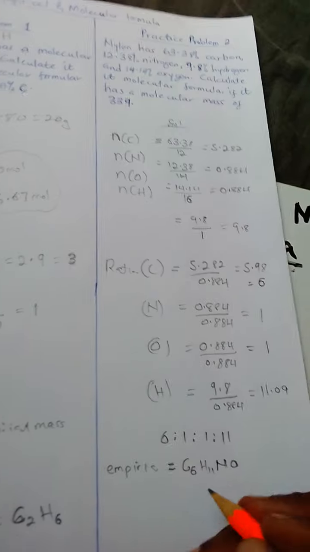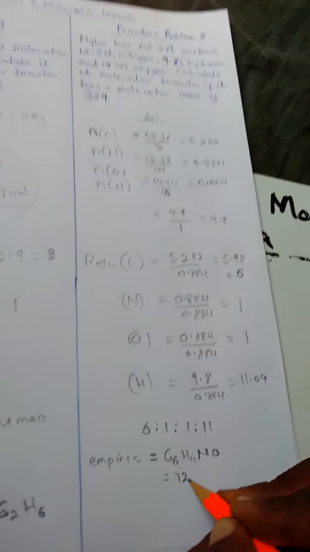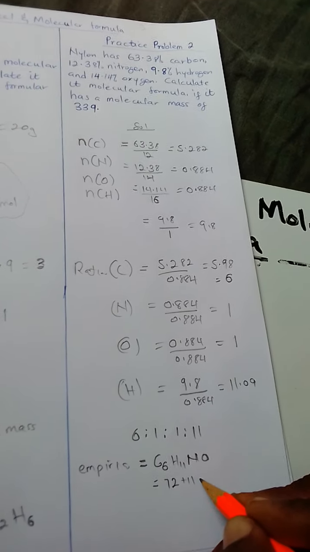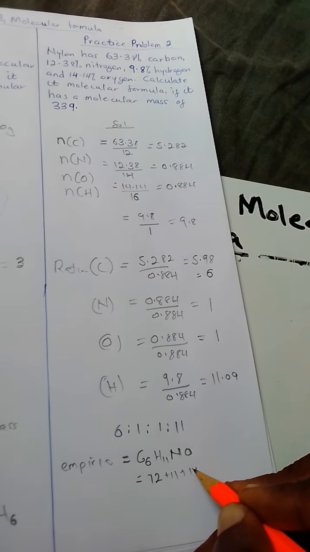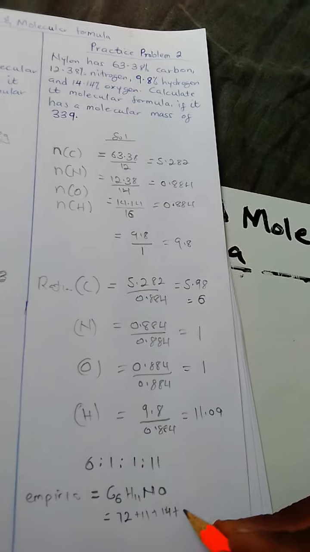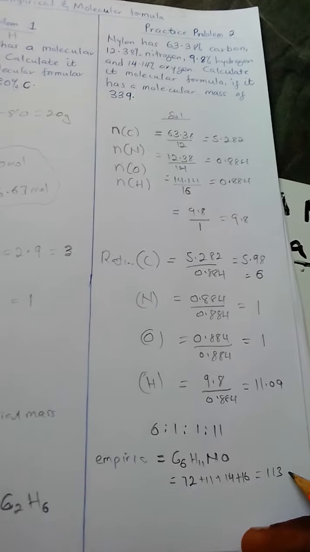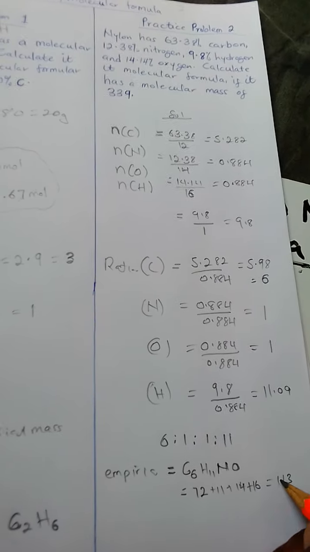The empirical mass of the empirical formula here: carbon has 12, so 12 times 6 is 72, plus 11, plus nitrogen which is 14, plus oxygen which is 16. This gives you 113. Therefore, the empirical mass is 113.